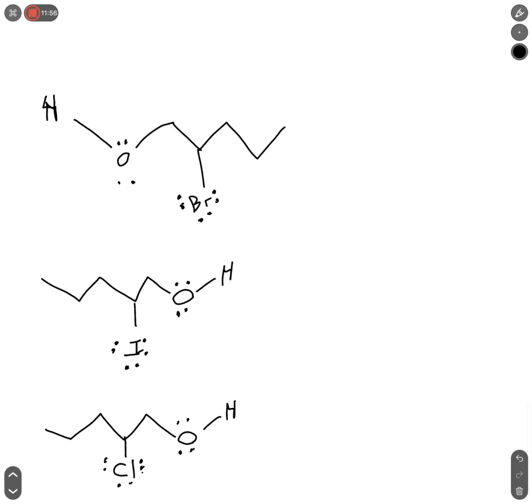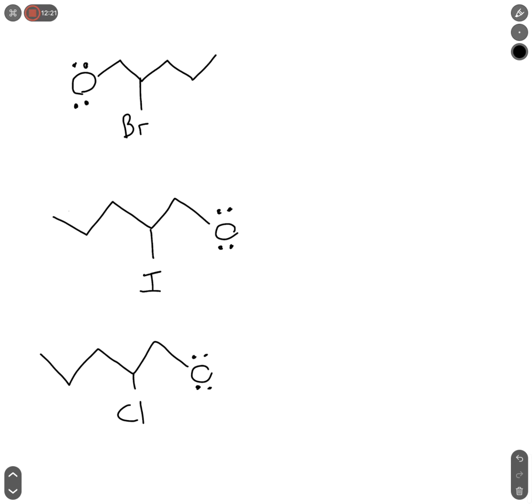So, of course, once we deprotonate this, it goes down here. These will have our negative formal charge.